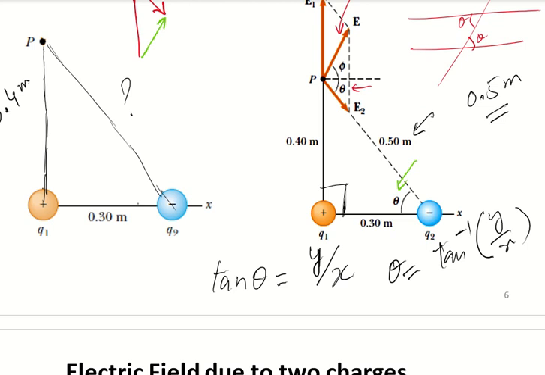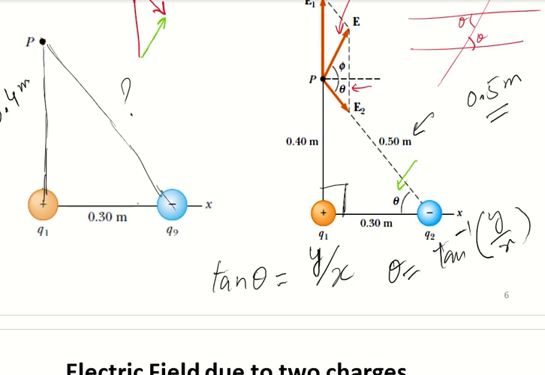Here y is 0.4 and x is 0.3, and that is also easy for you to calculate. If you can determine the angles, the rest of the diagram is not a problem for you.